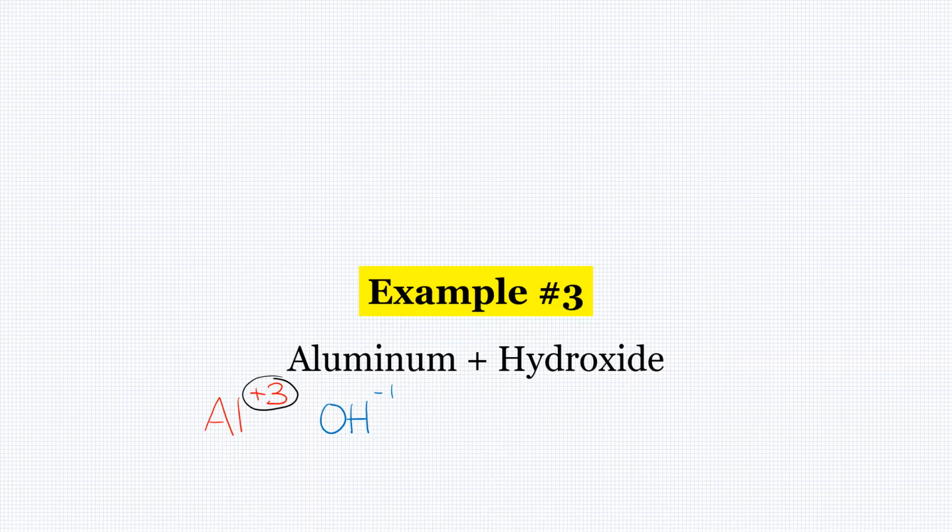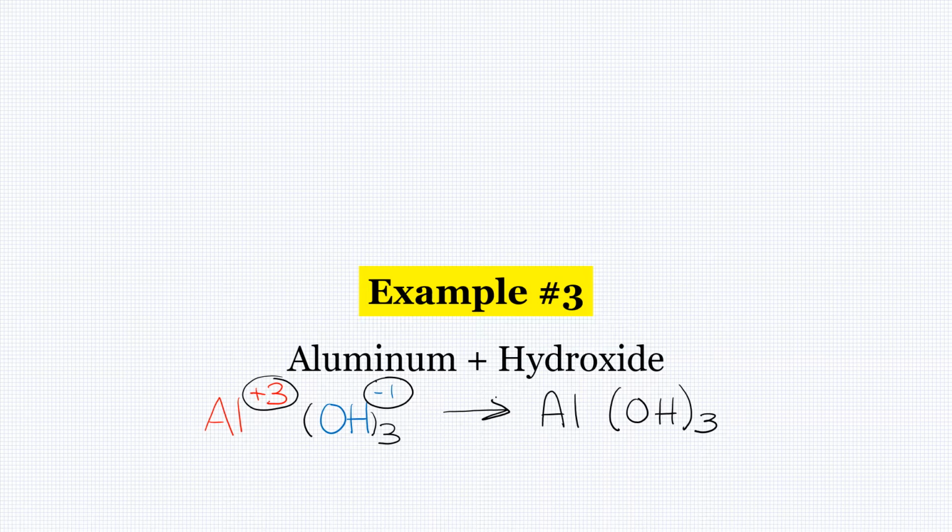So looking at our exponents here, in order to get this to balance, I need 3 OHs because we have a +3 charge and the OH is only -1. So I need 3 of those to balance everything out. So when I write out my formula, it's going to be aluminum, and then in parentheses, hydroxide, and I need 3 of those to balance the equation out.